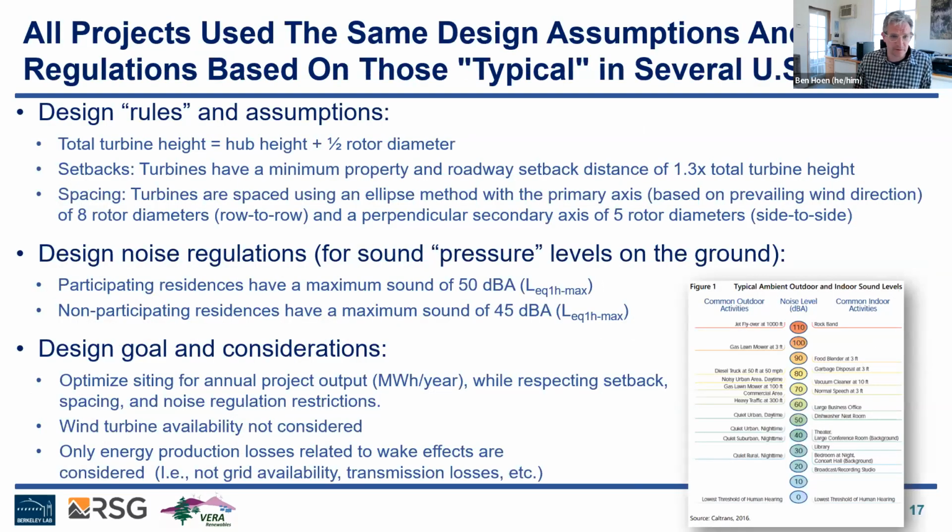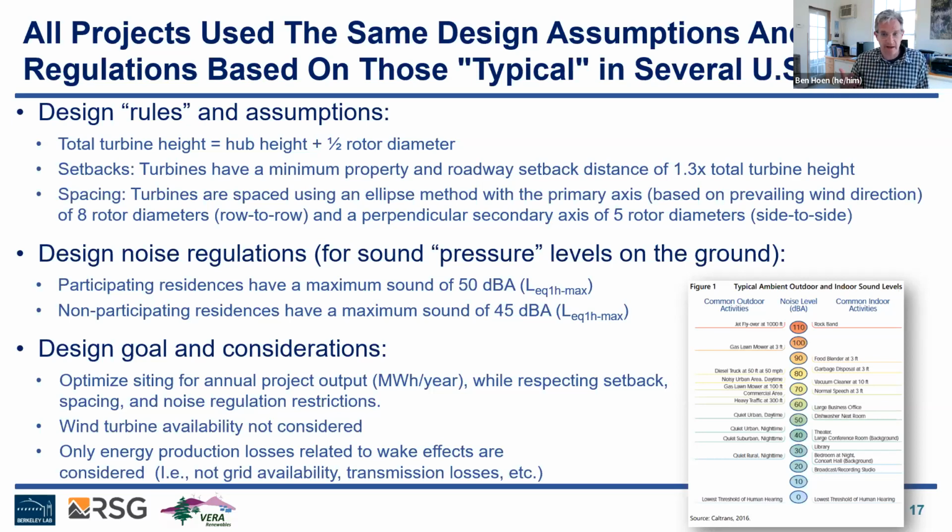So we have a number of rules that we used in the development of these sites on the desktop. We first assume that total turbine height is hub height plus half of the rotor diameter. And we use that to set the turbines back from the property and roadways using a metric of 1.3 times that total height.